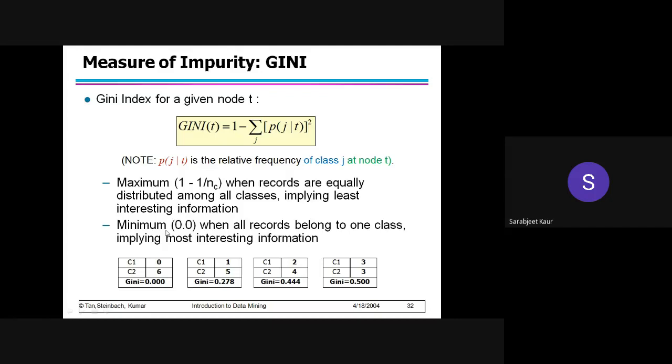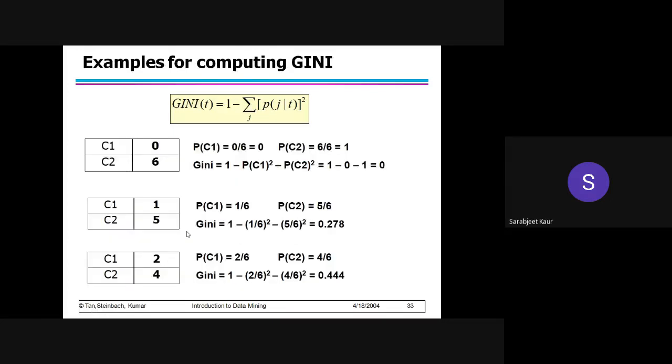Of course, the minimum value would be when all the tuples belong to the same class, right? That would be the minimum value, and it will come out to be equal to 0, right? Let us see the computation so that this becomes clearer to you.